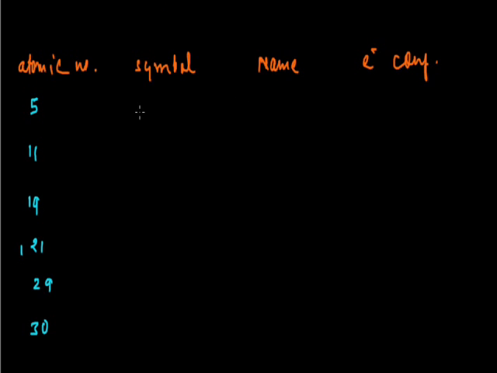The element with atomic number 5 is boron, symbol B. The element which has atomic number 11 is nothing but sodium, and the symbol of sodium is, you know, Na.